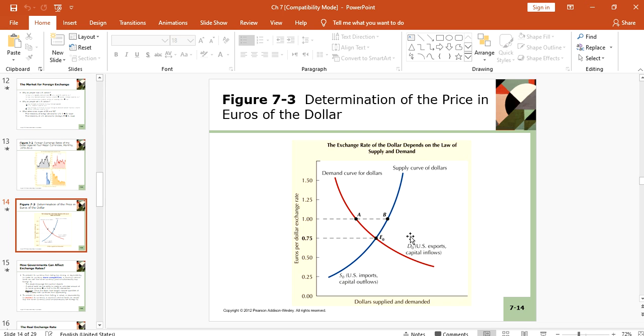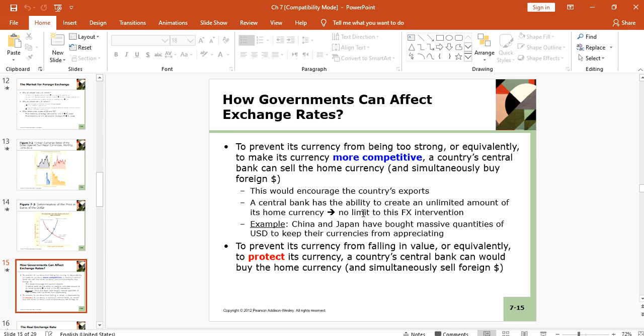So what they do, they devalue, they increase the supply of money, and they lower the value of the money, so any goods or services that foreigners buy from this country will be cheaper, and this stimulates exports. That's what China is doing.